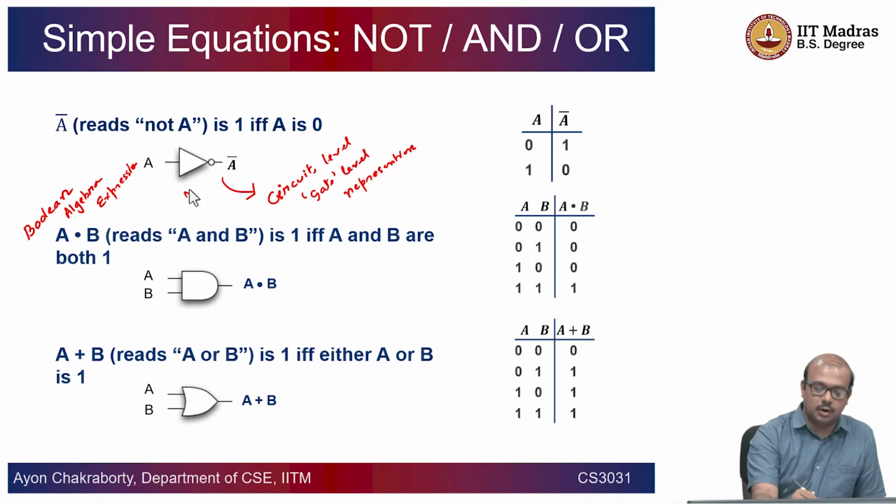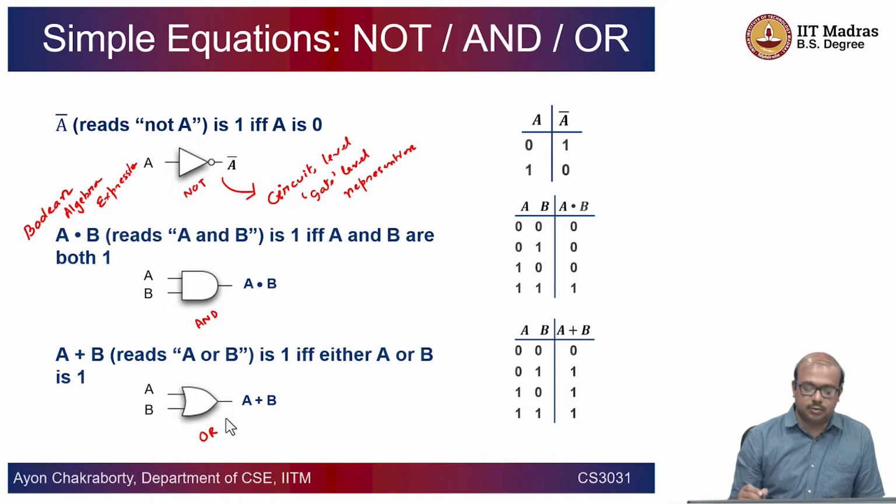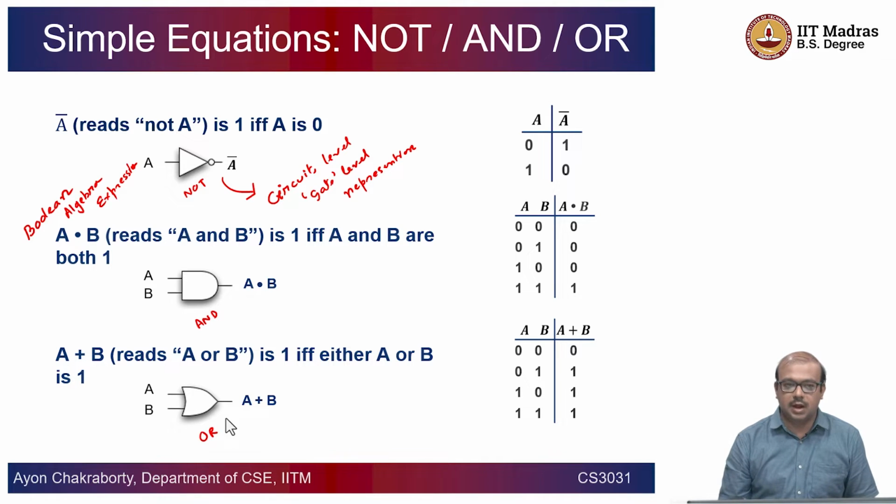So this is for the NOT gate, this is for the AND gate, and this is for the OR gate. So apart from the Boolean algebra expression, we are going to have a circuit level expression. This is more important while we try to draw circuits, right? As you will see, any Boolean algebra expression is ultimately converted to its circuit form that is ready for implementation, right?